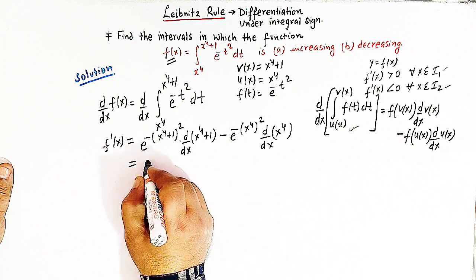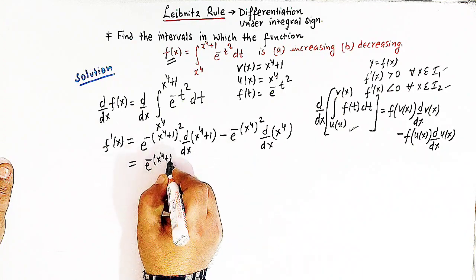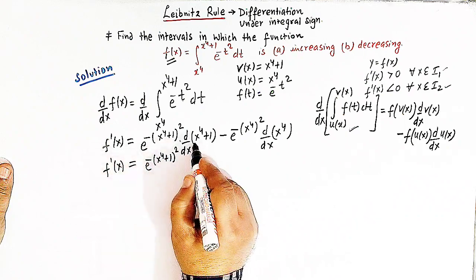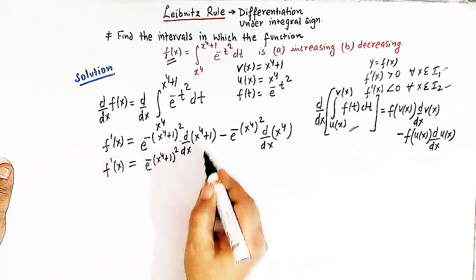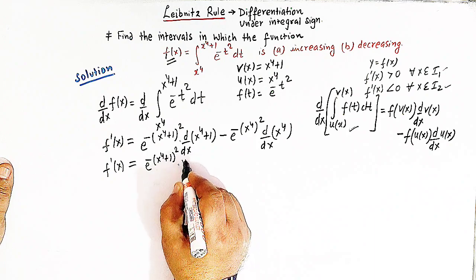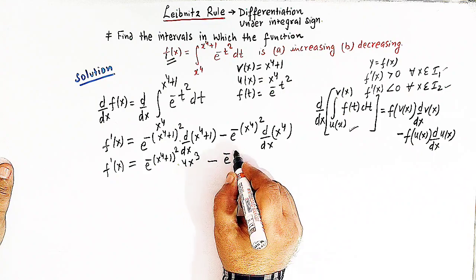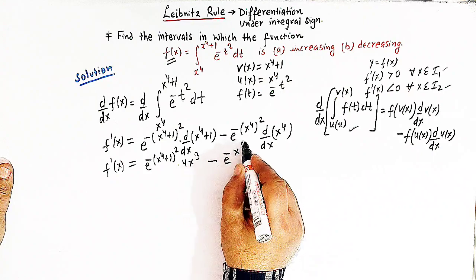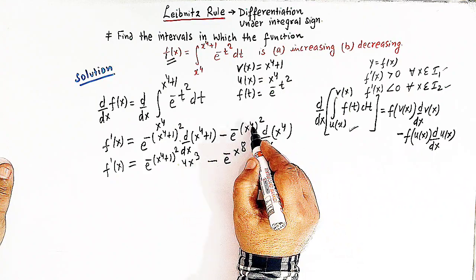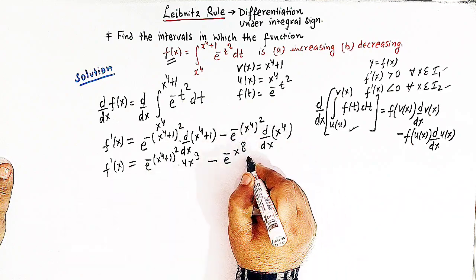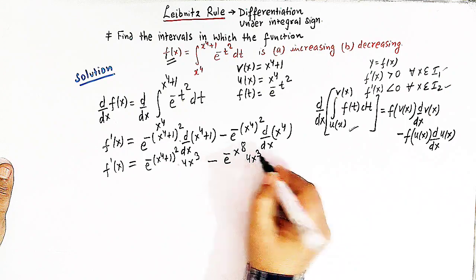So we have e raised to minus x raised to 4 plus 1 square, and then the derivative of x raised to 4 plus 1 is simply 4x cube, and then here we have e raised to minus x raised to 8, because 2 times 4 is 8, right? And the derivative of x raised to 4 is 4x cube.